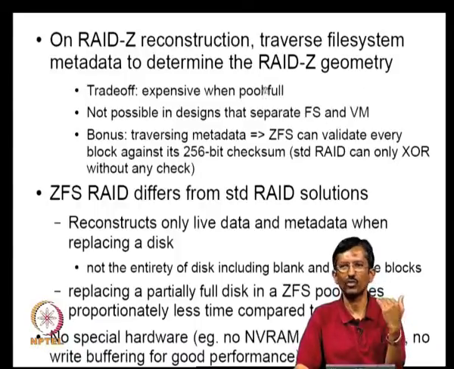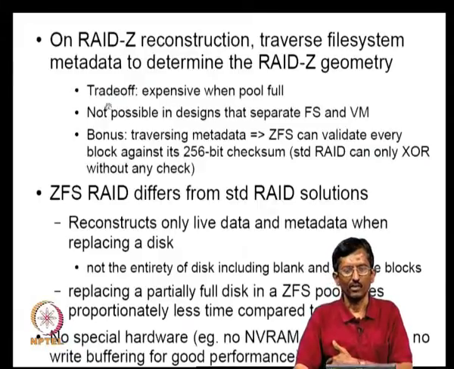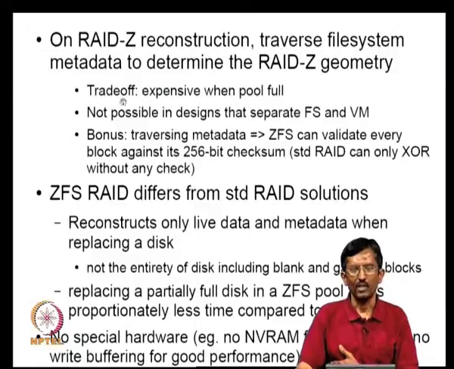Using that, it goes and traverses those structures in turn, and at every level it knows what the thing is. When the file system is not full, it will only have to traverse a small amount. When it is really full, you have to traverse the whole thing. Just like FSCK, not any different from it.